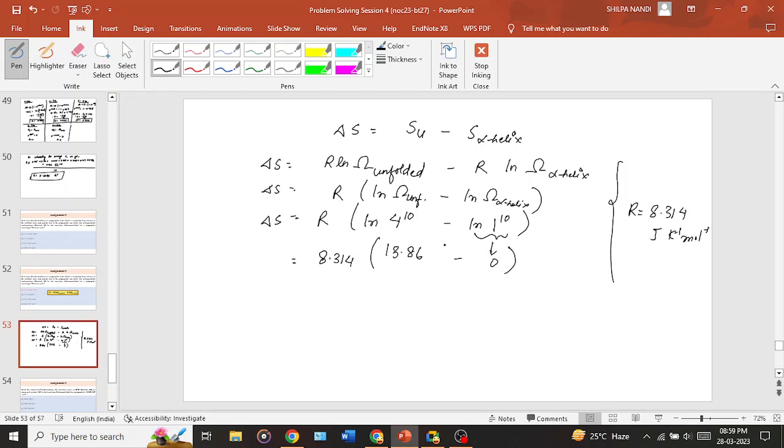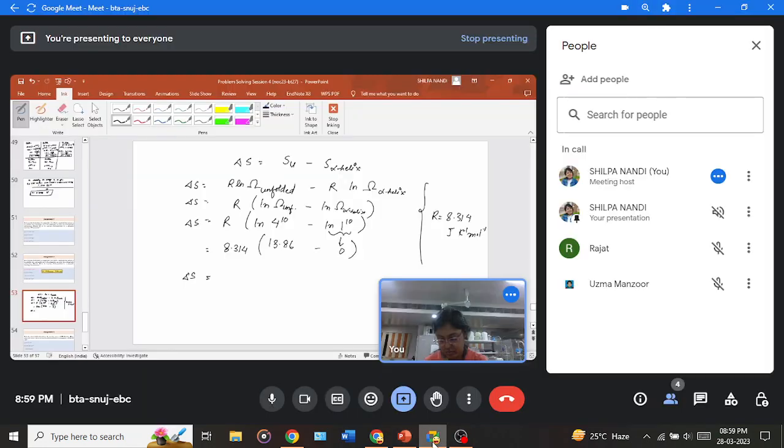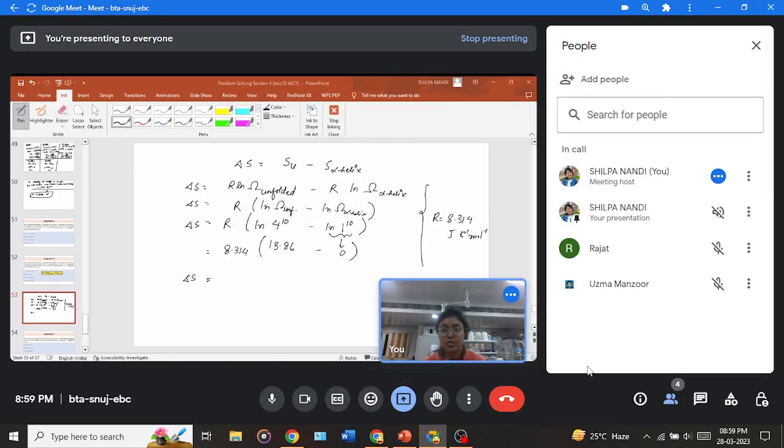Can you verify once? How much will it come? It's 13.86. So if you multiply these two, how much will you get? 8.314 multiplied by 13.86 will come as 115.23.